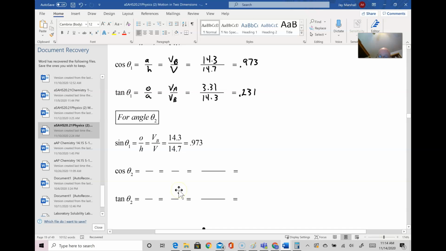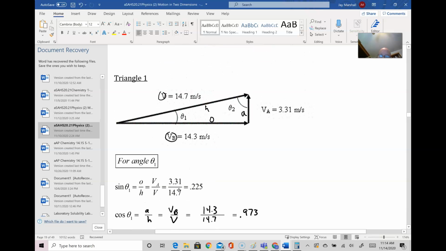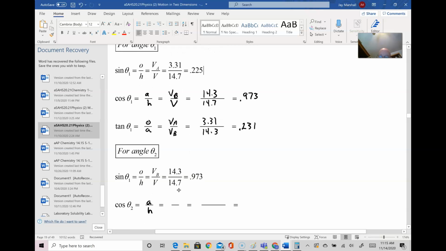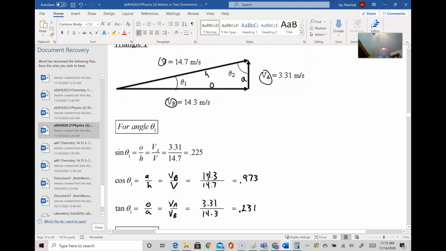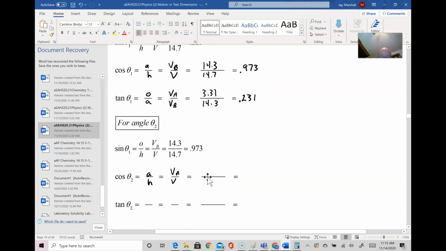So for theta 2, we can go ahead and say this is A and this is H. And again, A is VA, so I'm going to substitute that label in there. And my hypotenuse was V. And my value was 3.31.